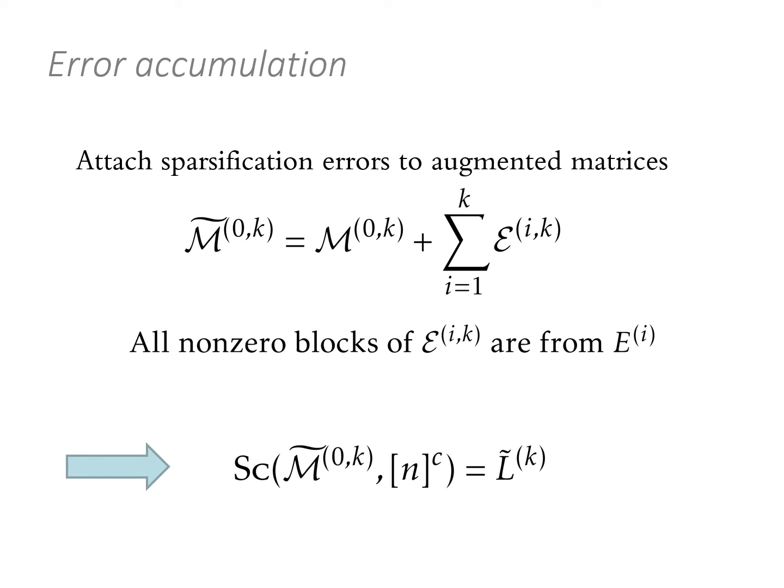And the approximate Lk is a short complement of this perturbed version of M0k. Then, to bound the difference between Lk and its approximation, it suffices to bound the difference between M0k and its perturbed version and consider whether the short complement is robust in this case.